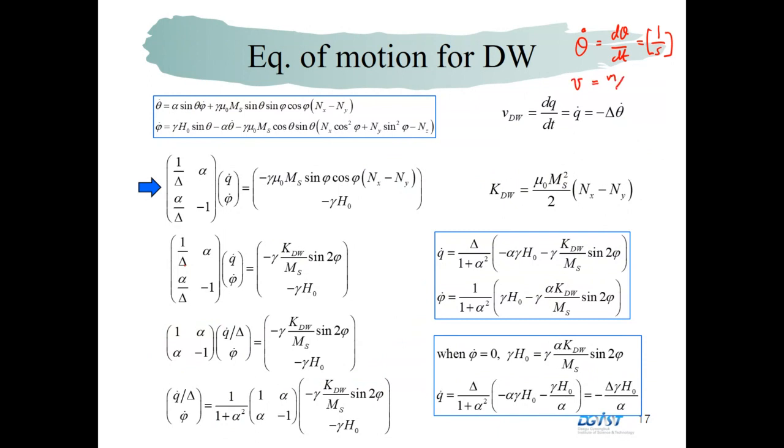V is meter per sec. So here, for example, delta gives us the length scale, the meter. So this gives a meter, and theta dot gives us 1 over sec. So it is meter per sec. Are you okay? Good.